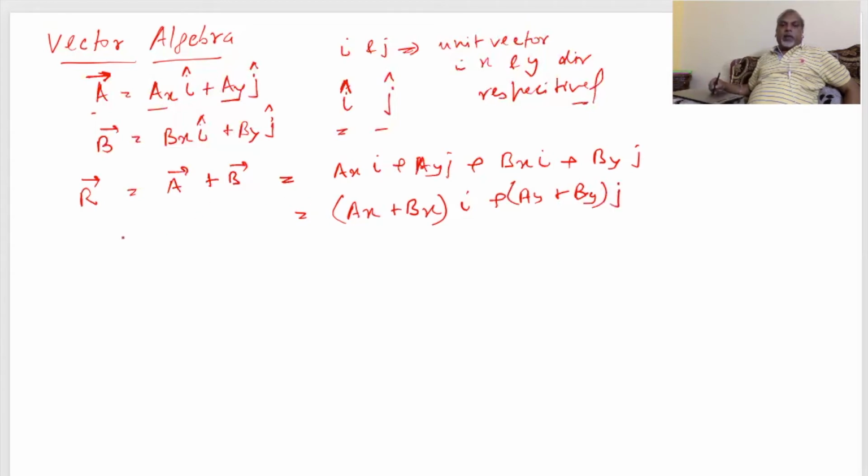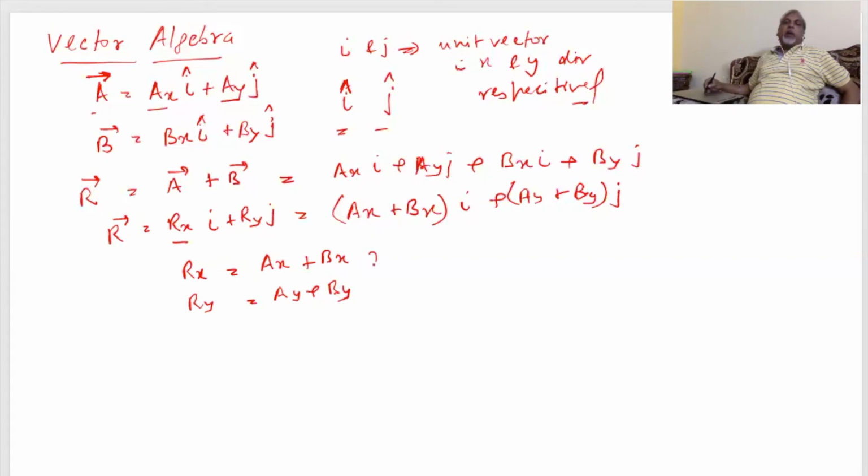And this R vector we can write as RX i plus RY j. That means RX is nothing but AX plus BX, and RY is nothing but AY plus BY. Correct?